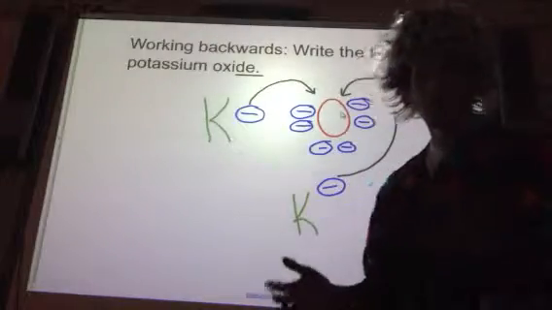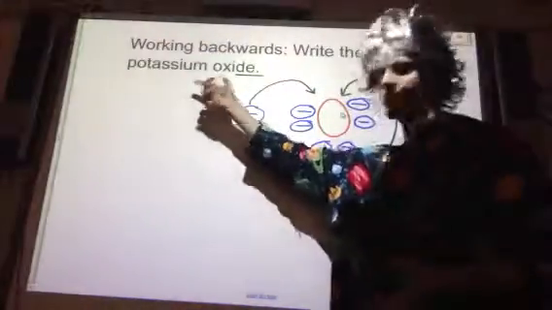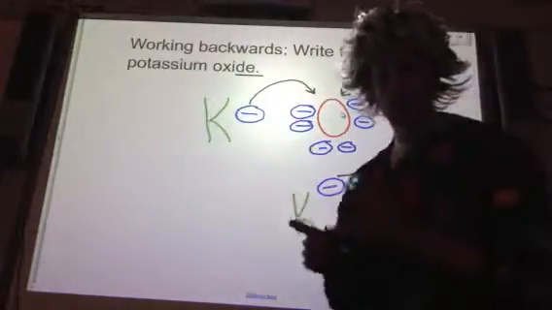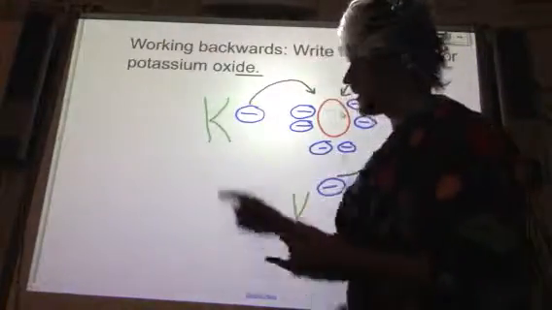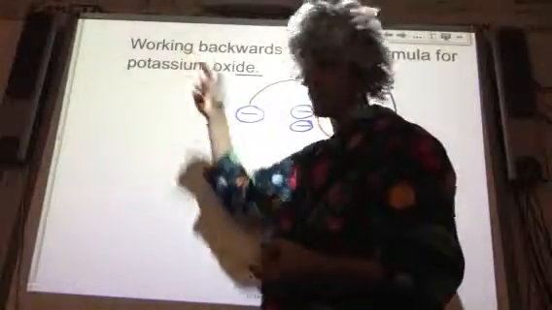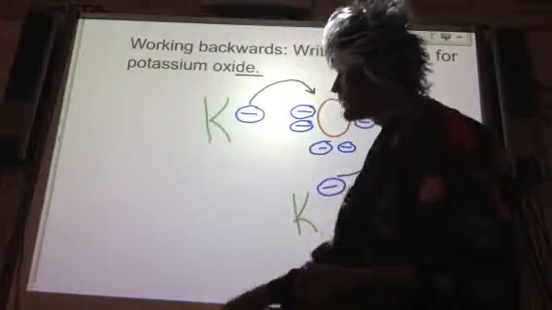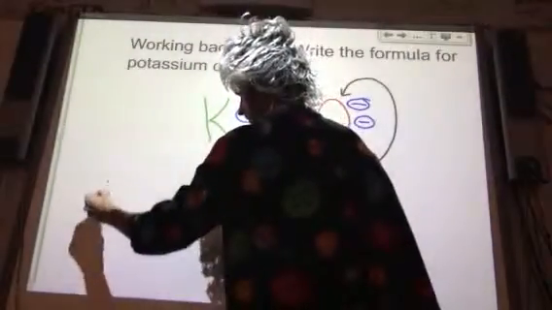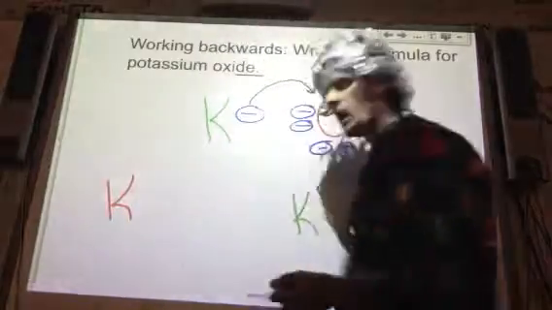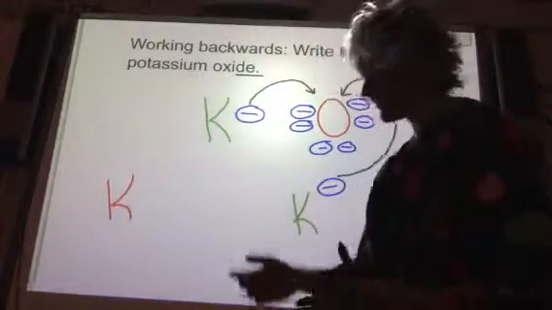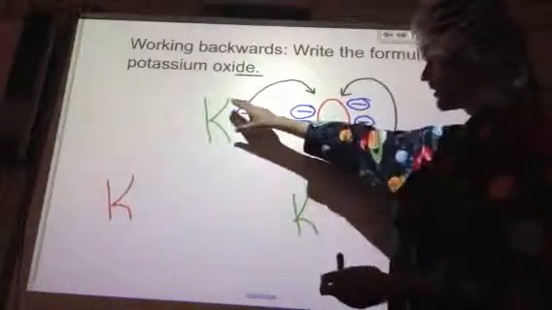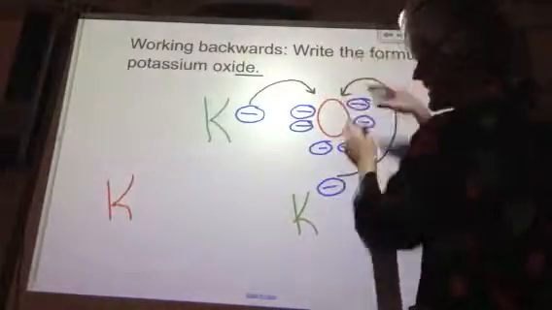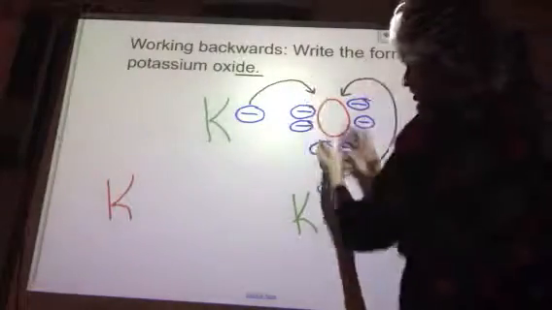So, what is the formula for potassium oxide? Now remember, the metal is always written first and always pronounced just with its name. The metal is potassium, which is K. How many potassiums do we have? 1, 2, because it takes 2 of these potassiums to balance out the oxygen, or to give it its outer shell.